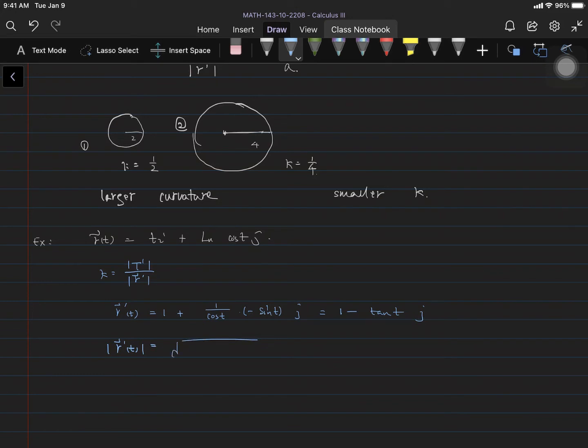Next, let's calculate the length of r prime(t): the root of 1 plus tangent squared t. Here we need to know the identity: 1 plus tangent squared is secant squared, so the length is secant t.